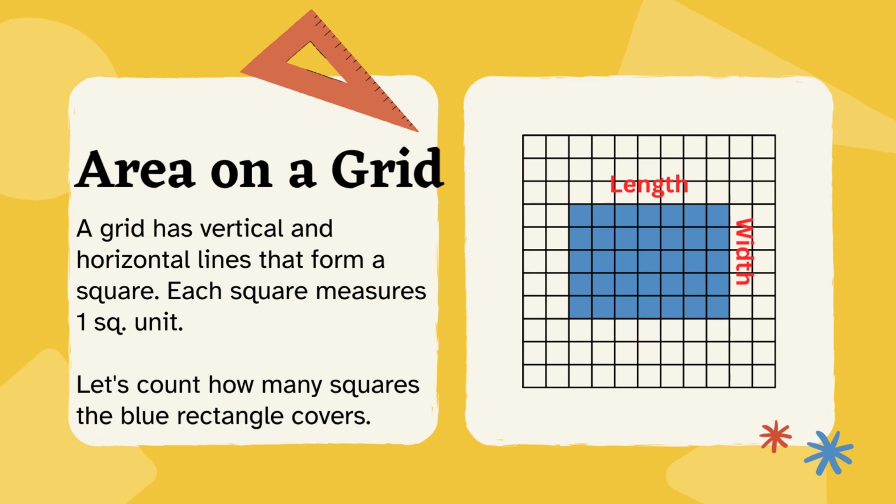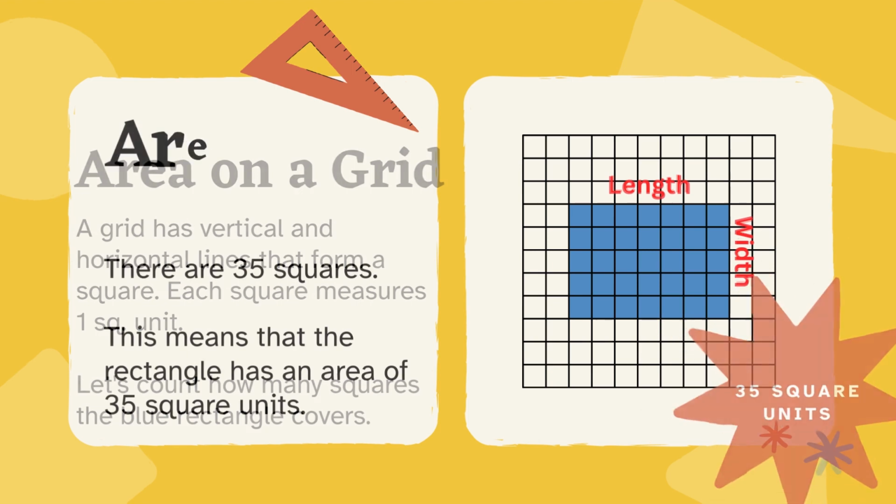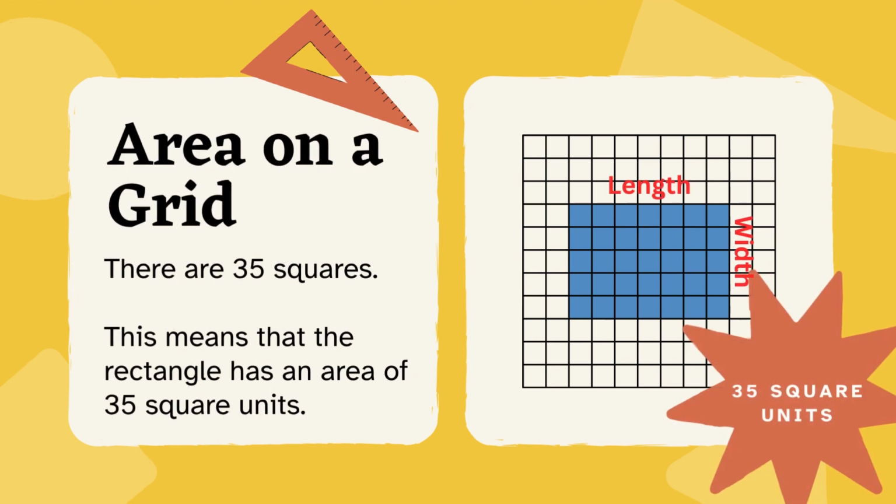In order to calculate the area of rectangle, we have to count the number of grid square units in the length of the rectangle and count the number of grid square units in the width of the rectangle. There are 5 squares lengthwise and 7 squares widthwise. 5 times 7 is 35. This means the area of rectangle on the grid is 35 square units.